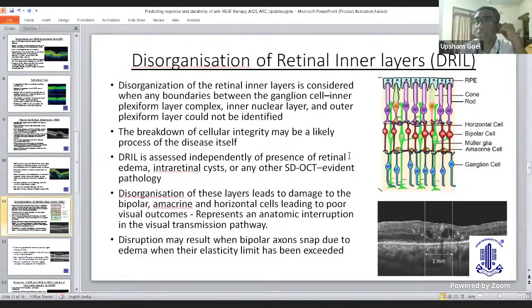So disorganization in this layer can cause definite long-term damage, and that's why it is assessed independently of the presence of retinal edema, and it leads to damage to the bipolar cells, and therefore represents an anatomic interruption to the visual transmission pathway itself.